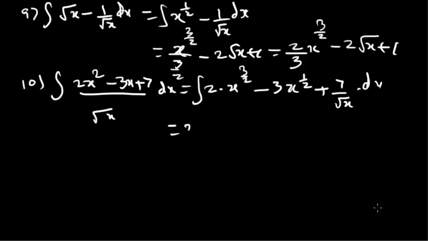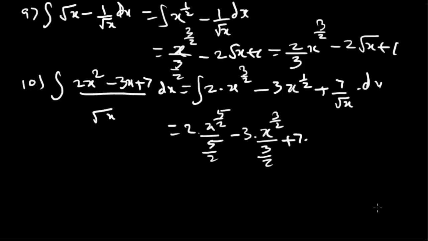Now this can be written as 2 into x power 3 by 2 plus 1, which is 5 by 2. x power 5 by 2 by 5 by 2, minus 3 into x power half plus 1 by half plus 1, that is x power 3 by 2 by 3 by 2, and plus 7 into 1 by root x. Integration of 1 by root x is 2 root x, plus c.